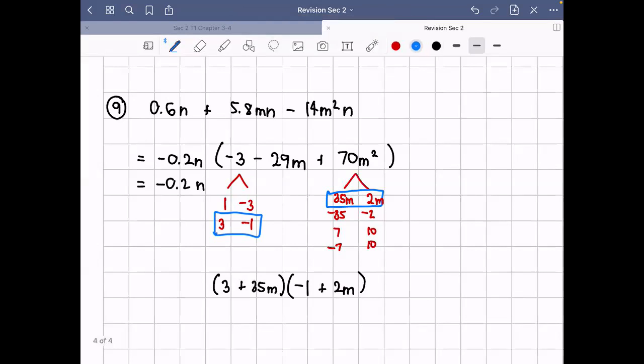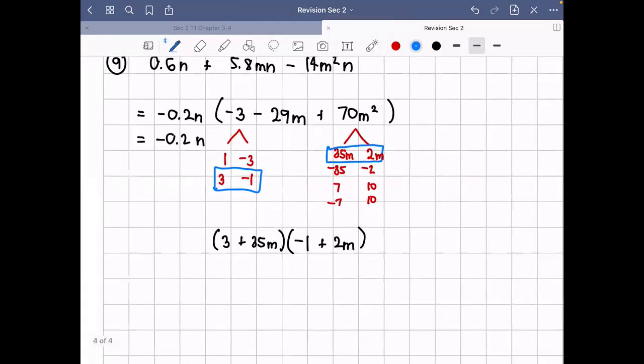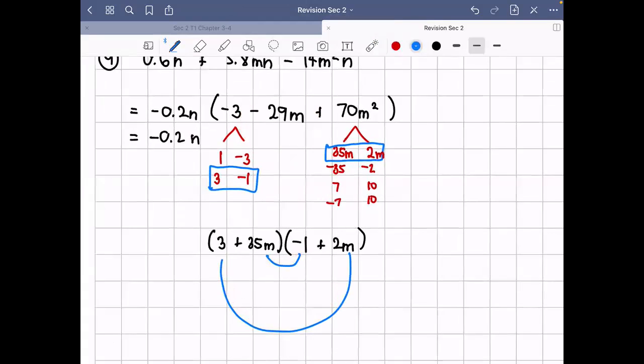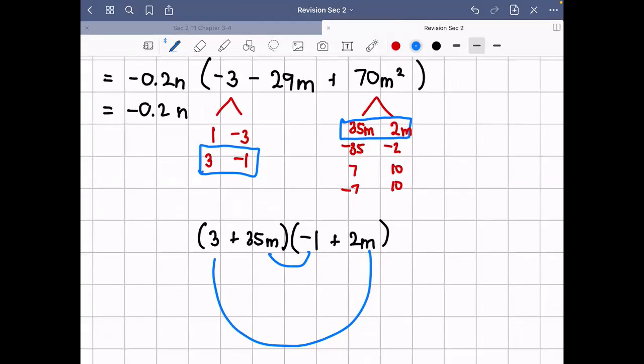So what do we do next? How do we check? When we perform this, their sum should be equal to negative 29, right? From yesterday. So negative 35 times 1 is negative 35m. And then 3 times 2 is 6m. So the difference between negative 35 and 6, oh yeah, we're correct.